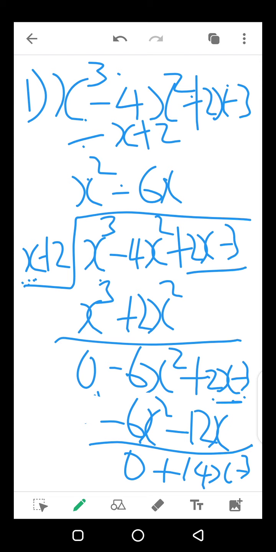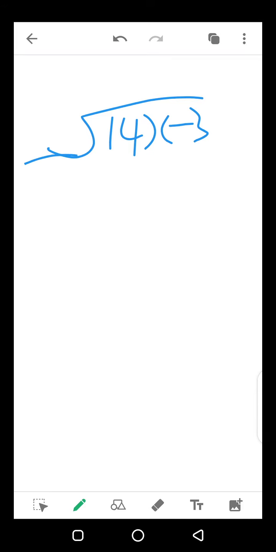Now looking at this one, we are going to divide again. 14x, what we have now as our dividend is 14x minus 3. The divisor remains the same, x plus 2.